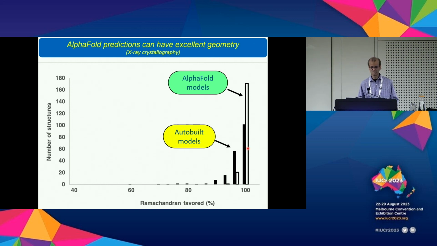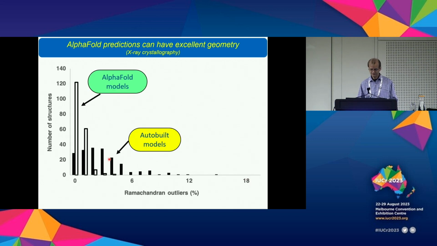Another thing you may or may not know is that AlphaFold predictions often, not always, but often have excellent geometry in that they have Ramachandran characteristics that are better than we can build. Here are models that we've auto-built with our tools in black, and the AlphaFold models have a higher fraction of favored Ramachandran values, and similarly we have more outliers in our auto-built models than the AlphaFold models.